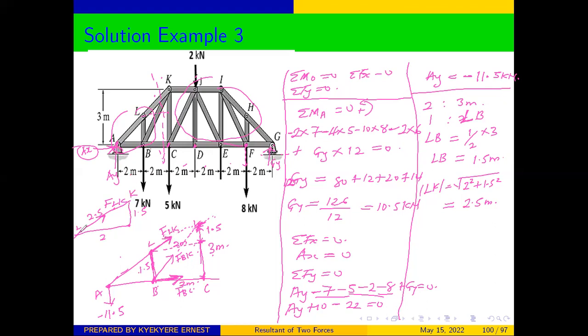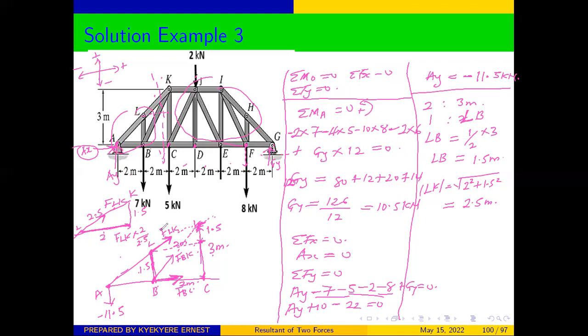Now, from that point, you will see that we move this distance on the X. Don't forget that our direction still remains like this. To the right is positive on the X, to the left is negative. Up is positive, down is negative. Therefore, we'll be moving to the right, which will give us positive for X. Then we get FLK positive times the horizontal distance, which is 2, over our hypotenuse, which is 2.5.